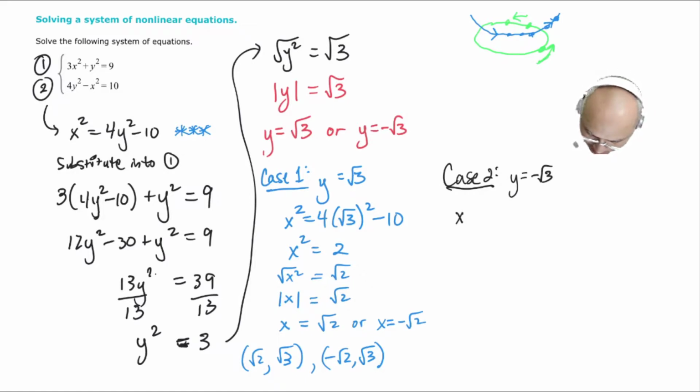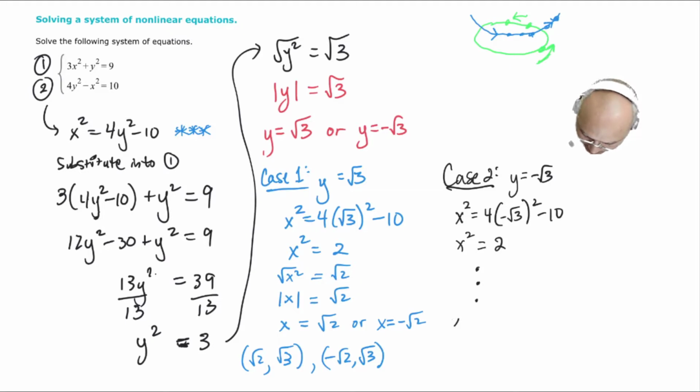Whenever you see y, you're going to put parentheses negative square root of 3 squared minus 10. Notice this algebra is going to look exactly the same as on the left. So I don't really have to write much. So we have what? x is once again square root of 2, or x is equal to negative root 2.